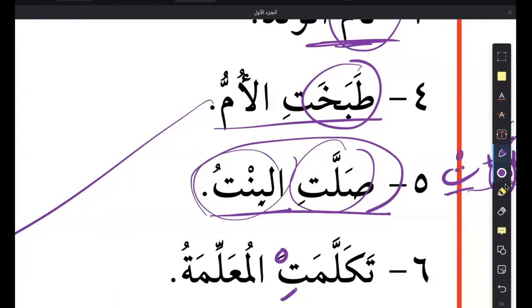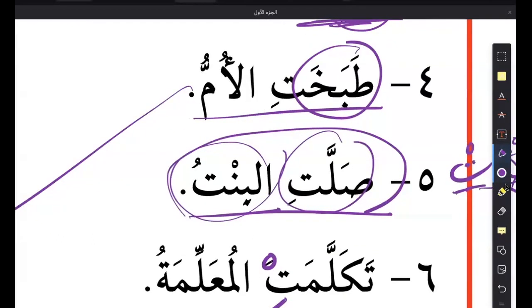This verb is transitive, but you can use it in context. The rule is that if the context is there, people would understand the object, or it does not require more clarification, then you can remove the maf'ul bihi, you can remove the object.